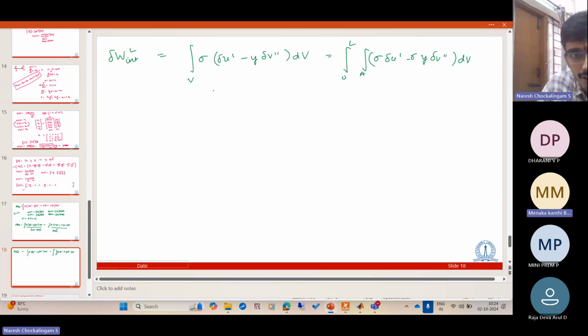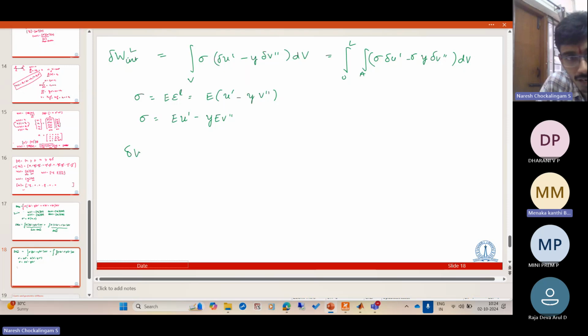Now sigma, we know it depends only on the strains. Say sigma is equal to E times epsilon linear. What is epsilon linear? It is the stretching minus the bending, minus y times v double prime. So sigma is equal to E times u prime minus y v double prime.